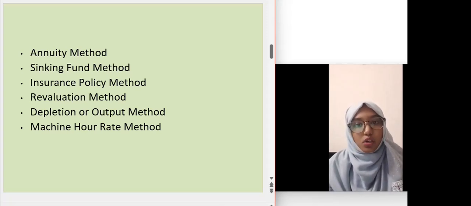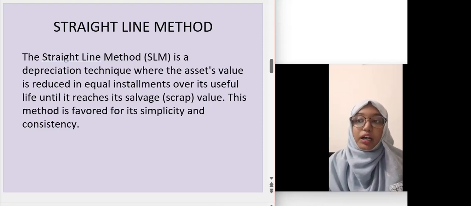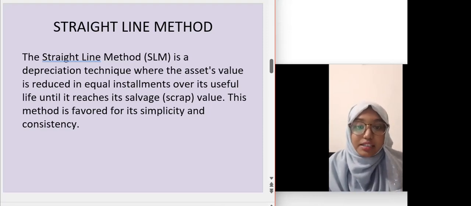First, we will see what the straight line method is. It is a method where the asset value is reduced in equal installments over its useful life until it reaches the scrap or sale value.